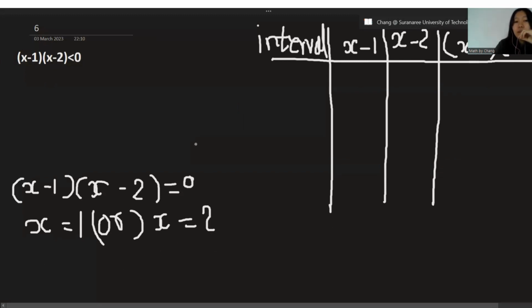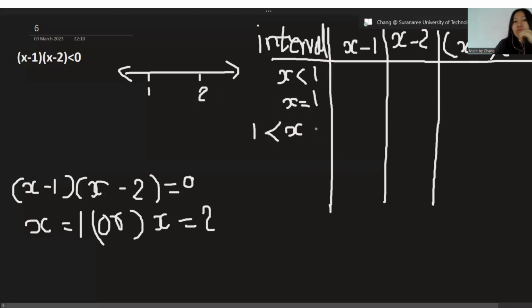Okay, let's draw the number line. Here is 1 and here is 2. So for the intervals, first you have to consider all the values less than 1. If x is less than 1, if x equal to 1, if x is between 1 and 2, if x equal to 2, and lastly x greater than 2, right?